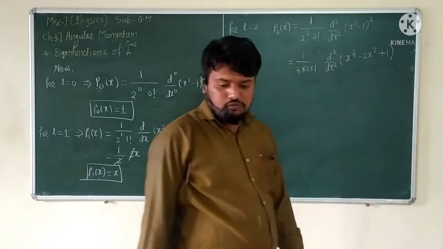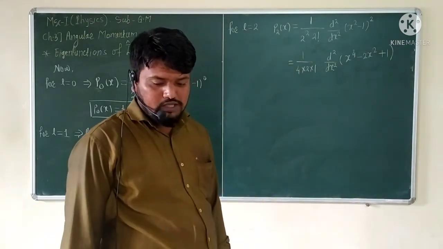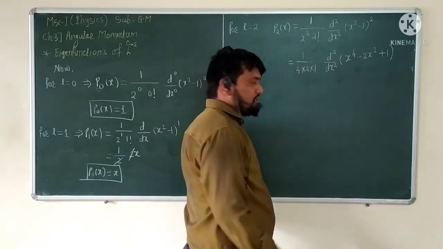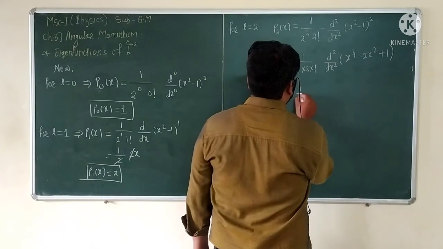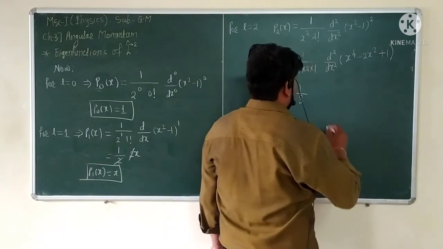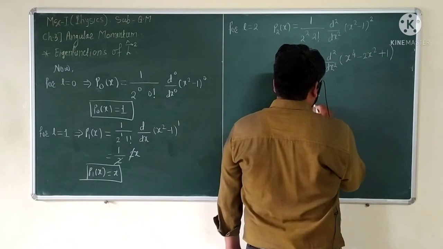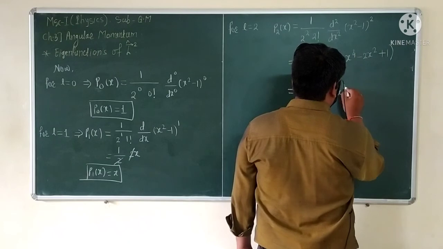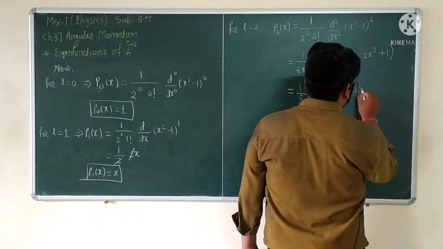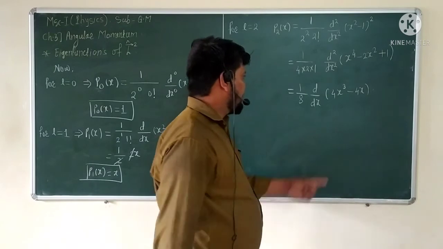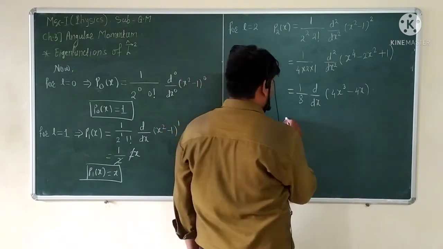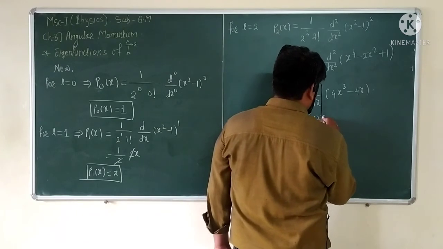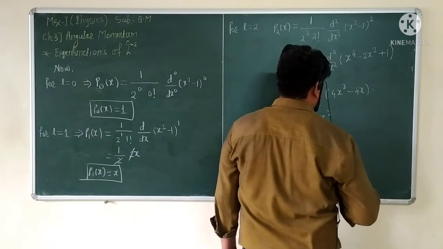If we solve this Legendre polynomial, 1 upon 4 into 2 into 1 is nothing but 1 by 8. Taking the first derivative of this function gives 4x cube minus 4x. Again taking the differentiation, this is 1 divided by 8 of 12x square minus 4.